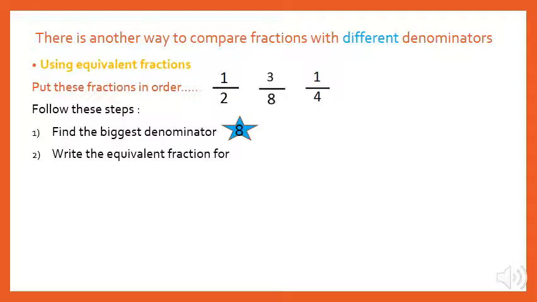Let's look. What can we multiply 2 by to make it 8? And what can we multiply 4 by to make it 8? Let's start with 1/2. To make the equivalent fraction for 1/2, we will multiply 2 by, yes, great, 4. 2 multiplied by 4 equals 8.